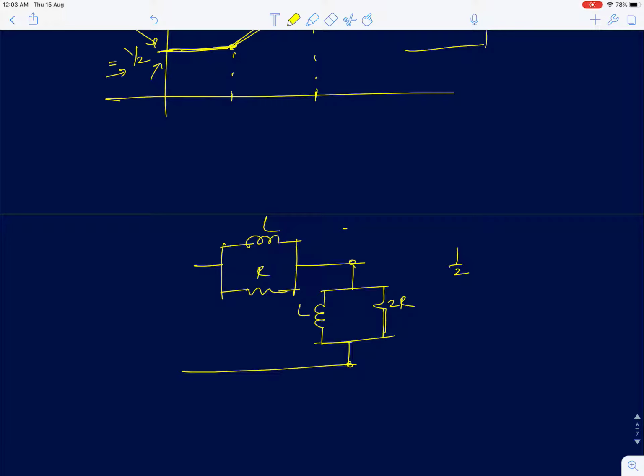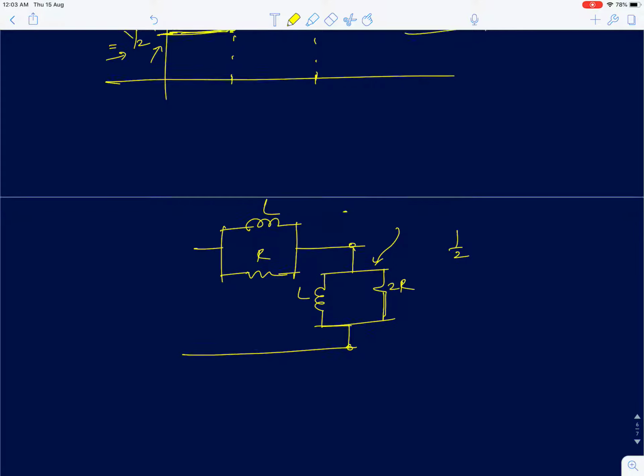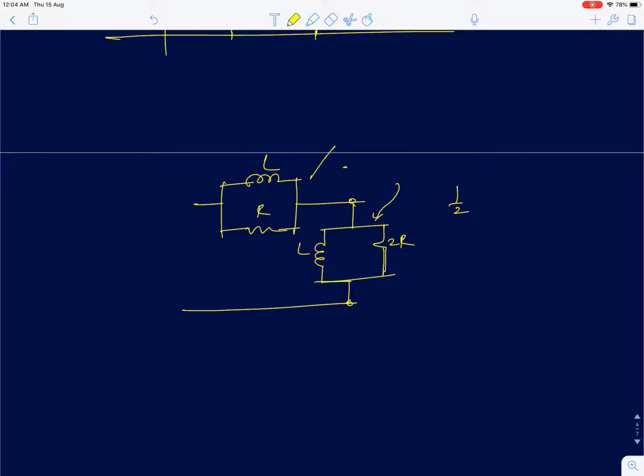To find the zeros, this impedance has to go to 0 at some finite frequency, while at that frequency this impedance, Z1 I am calling it, should not be equal to 0. Now at omega equal to 0, this impedance goes to 0, but at omega equal to 0 the impedance Z1, which is the parallel LR network, also goes to 0. So therefore you can't apply that condition to find the 0.